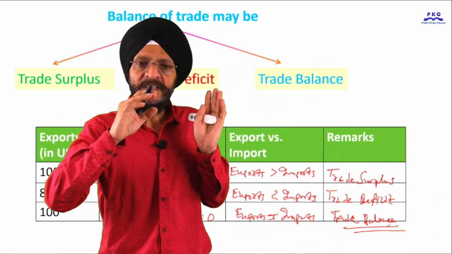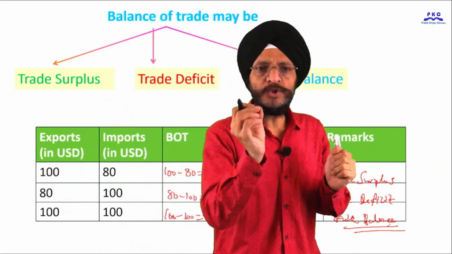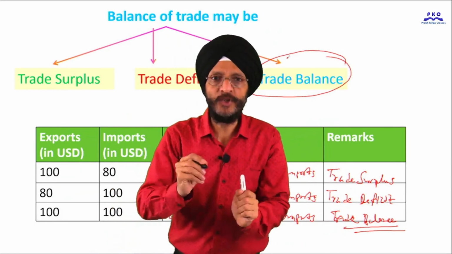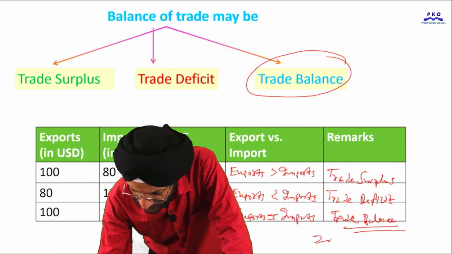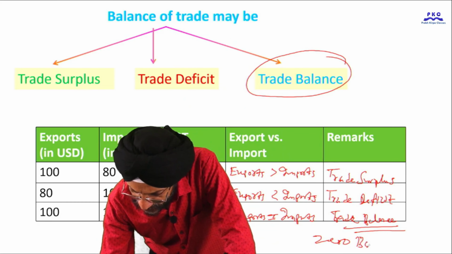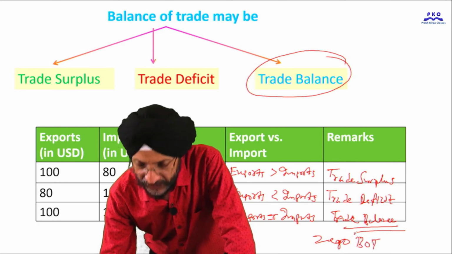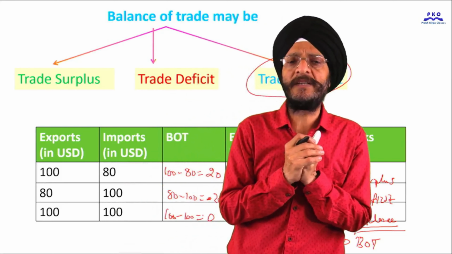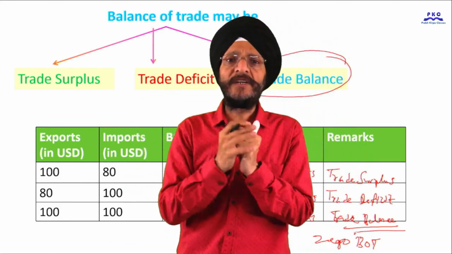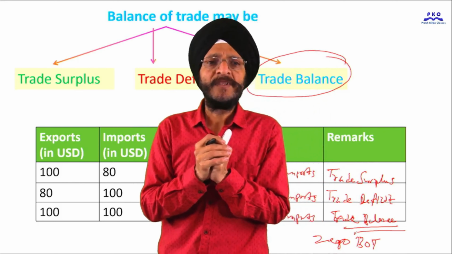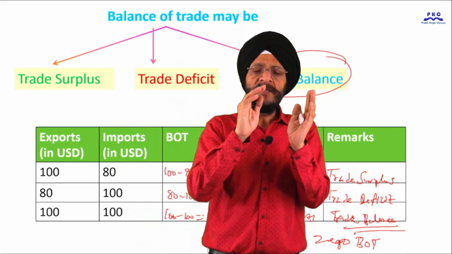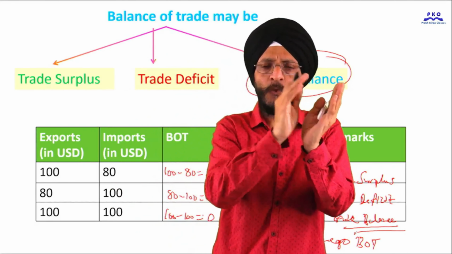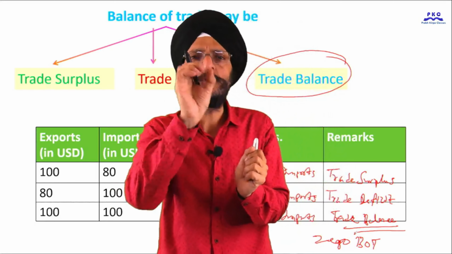But in the real world, this situation of trade balance, that is zero balance of trade, rarely occurs. When we are talking about trade balance, it means there is an approximate balance, that exports and imports are roughly equal to each other.